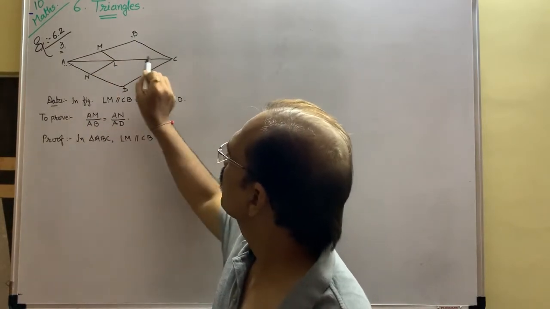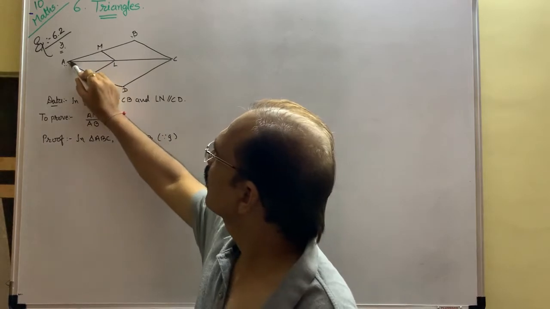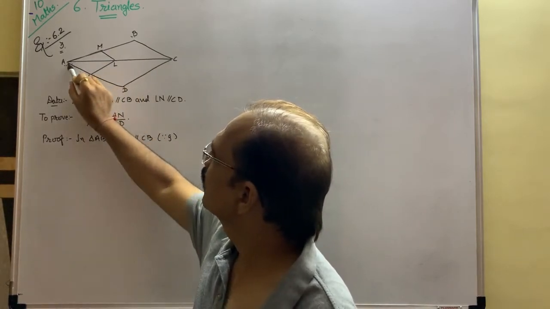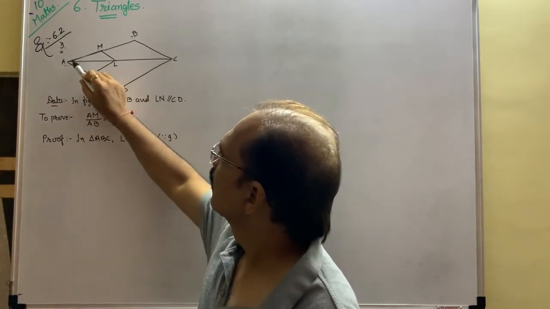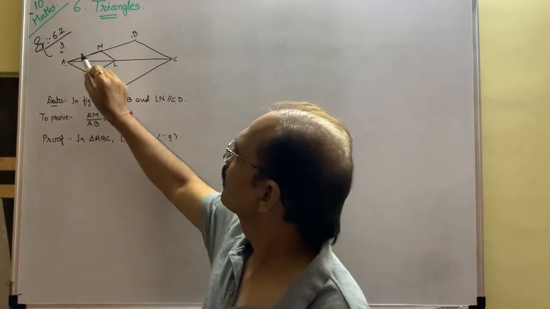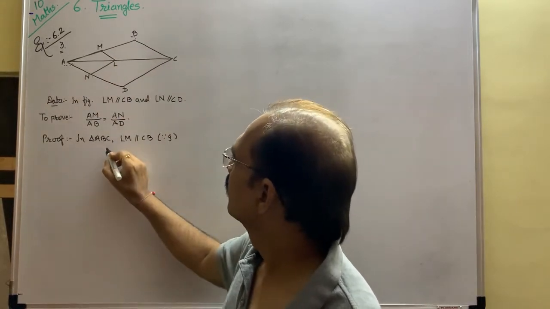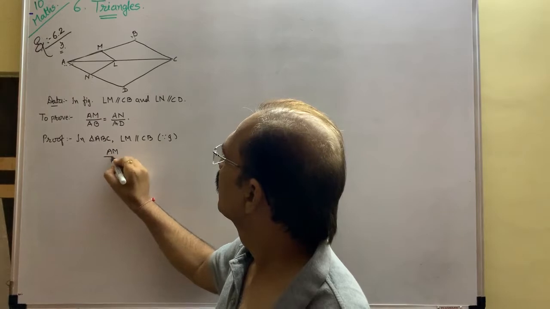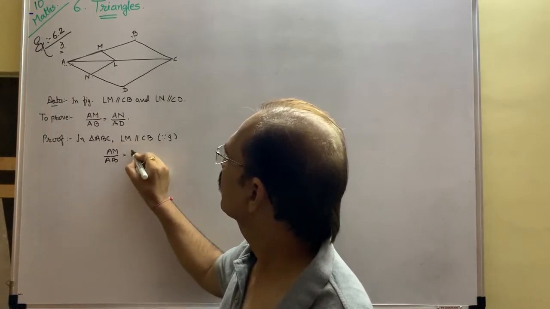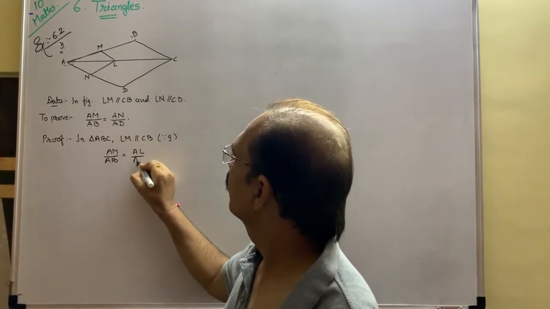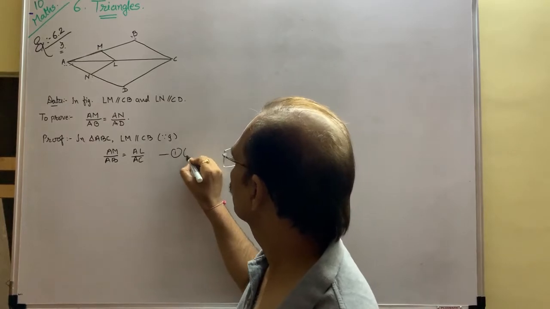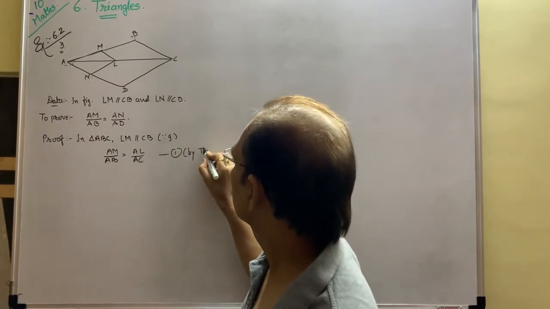AL upon AC. If you select AM, you have to select AL, then upon AB, select AC. So AM upon AB is equal to AL upon AC. Result number 1, you can write by Thales theorem.